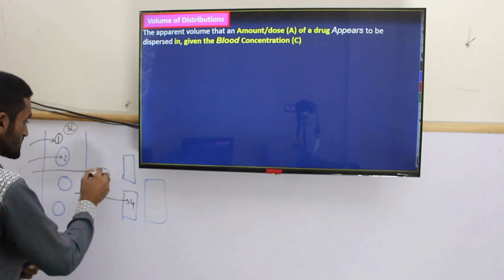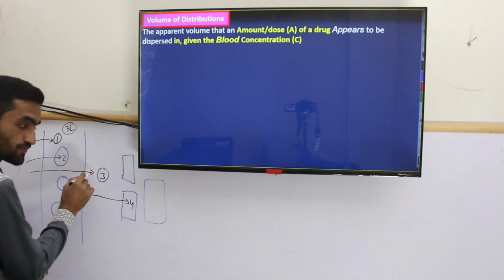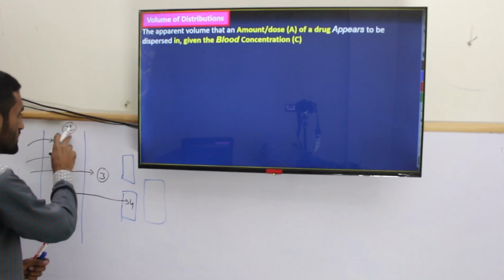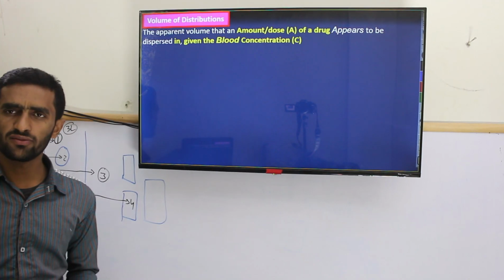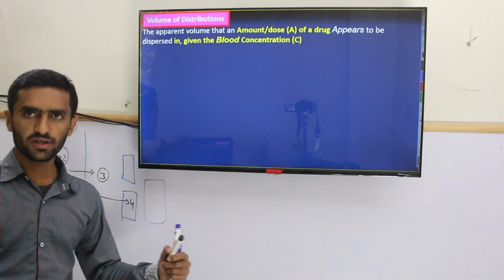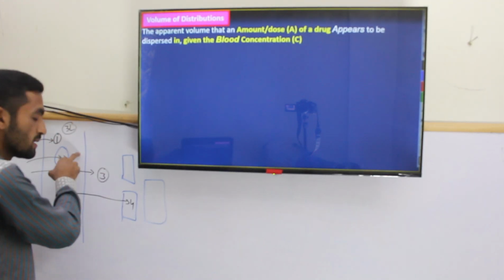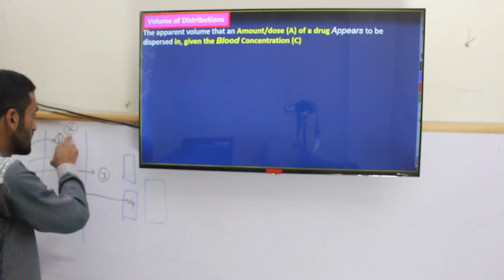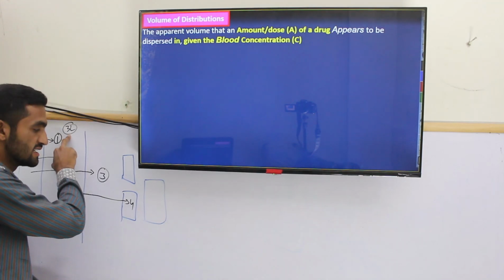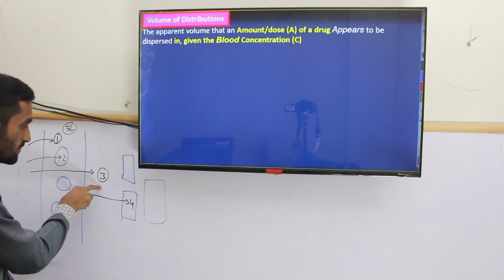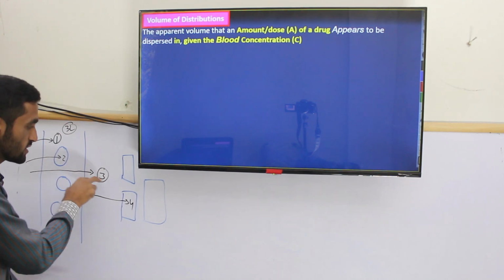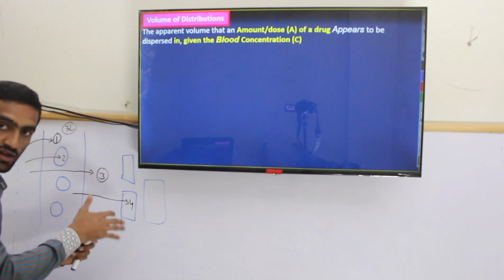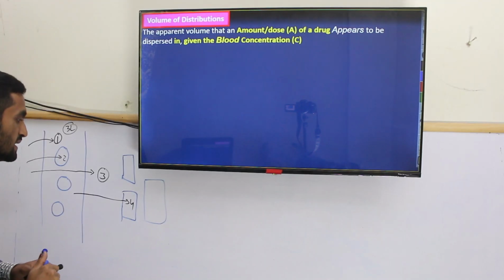If the drug cannot come out of the membrane, this is for drugs which are hydrophilic and of larger molecular size, so they cannot come out of the blood vessel. They remain in the plasma, so their volume of distribution is 3 liters. Other drugs which can come out of the plasma into the interstitial fluid have a volume of distribution that increases.